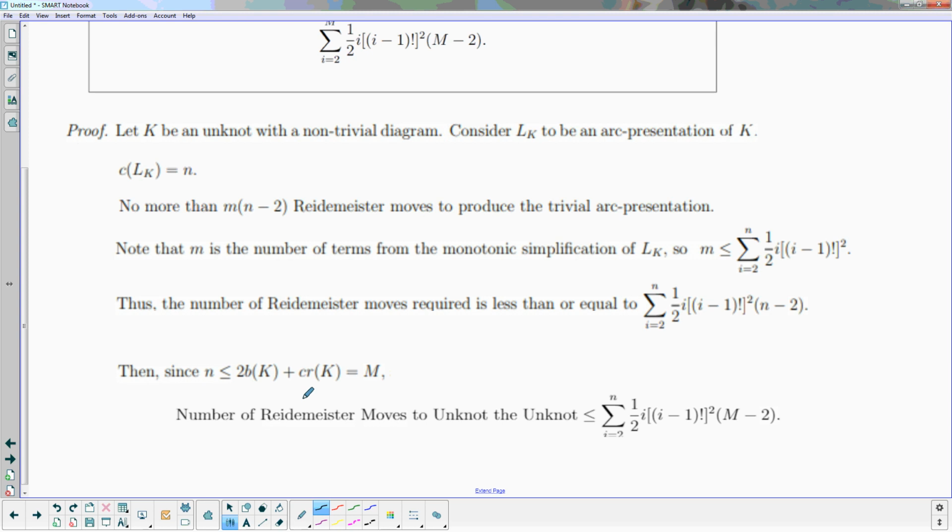That tells us that the number of Reidemeister moves to unknot our unknot has to be less than that same sum. All we do there is replace this lowercase m with our capital M, which was double the maxima plus the crossing number.